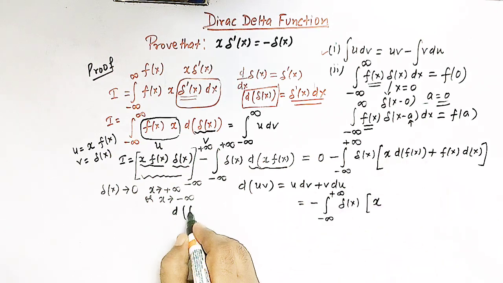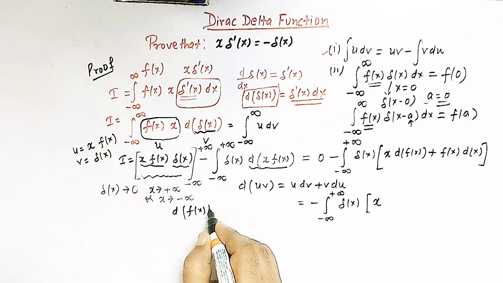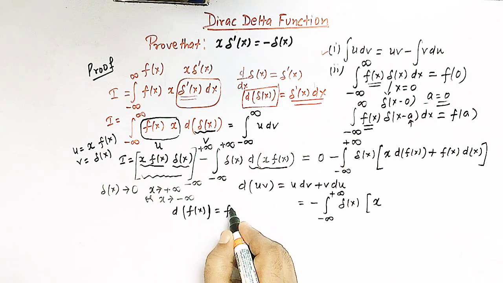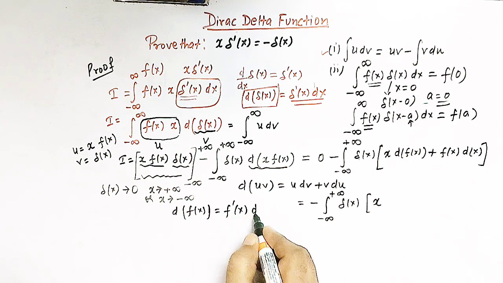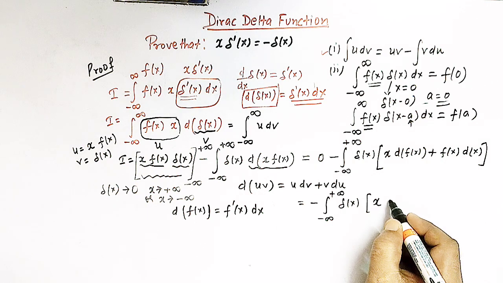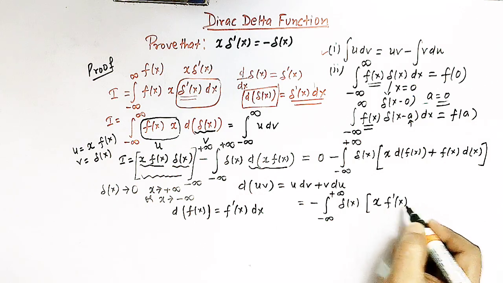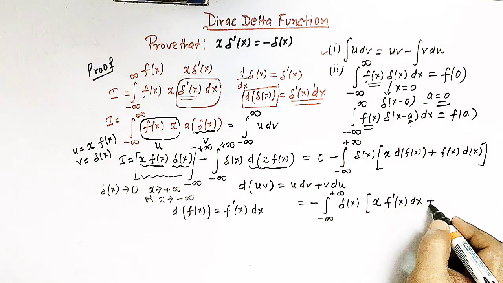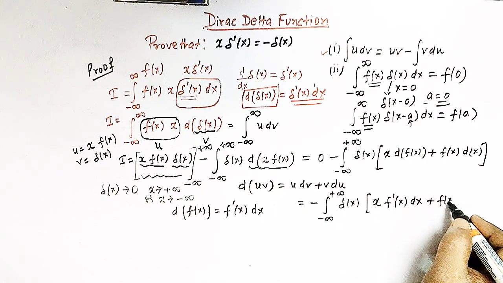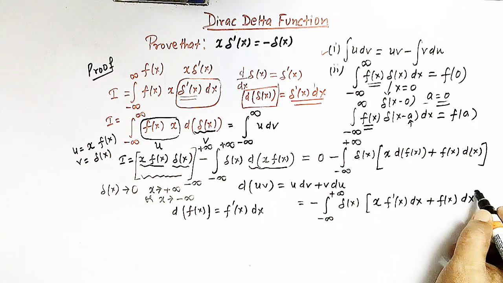Now the derivative of f of x can be written as f prime of x dx. So we can write f prime of x dx, and then f of x and dx.